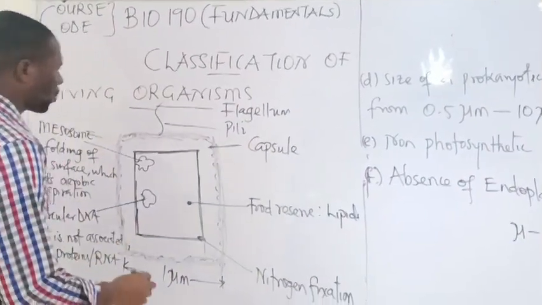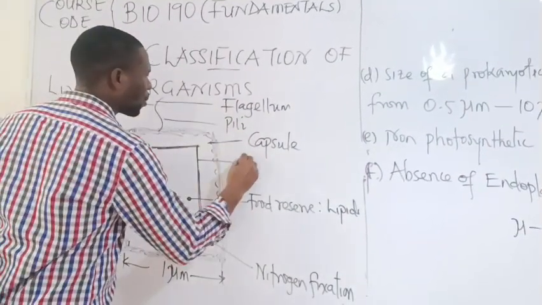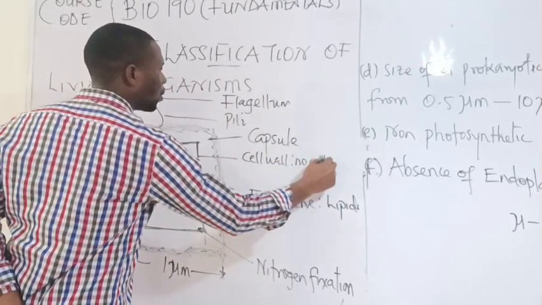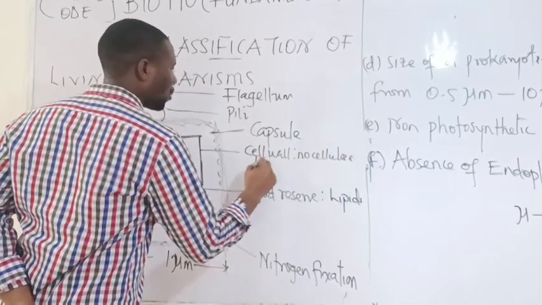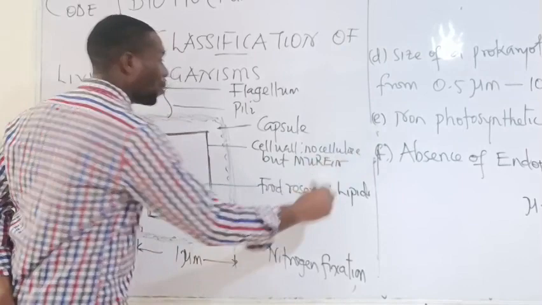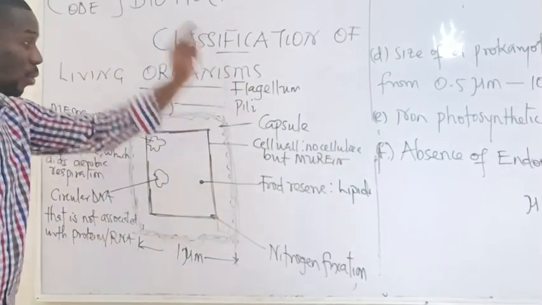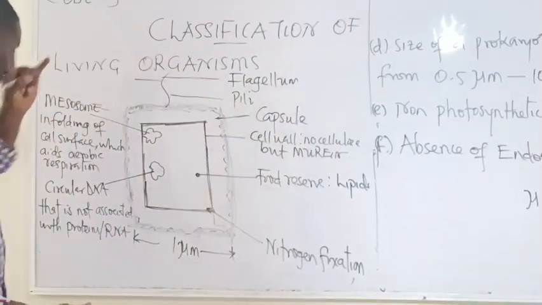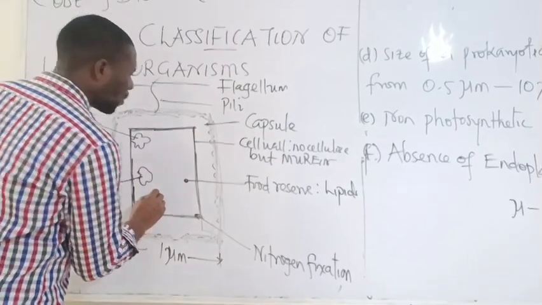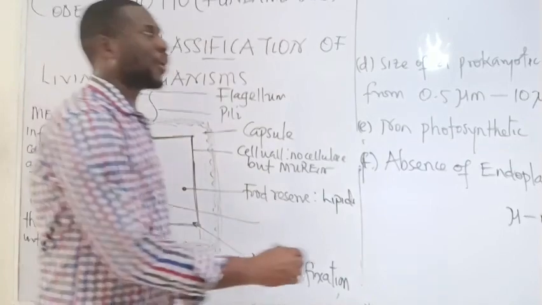Then we have the cell wall. So no cellulose, but there is a membrane, like I said earlier on, which is a combination of polysaccharide and amino acid, that would replace the cellulose.